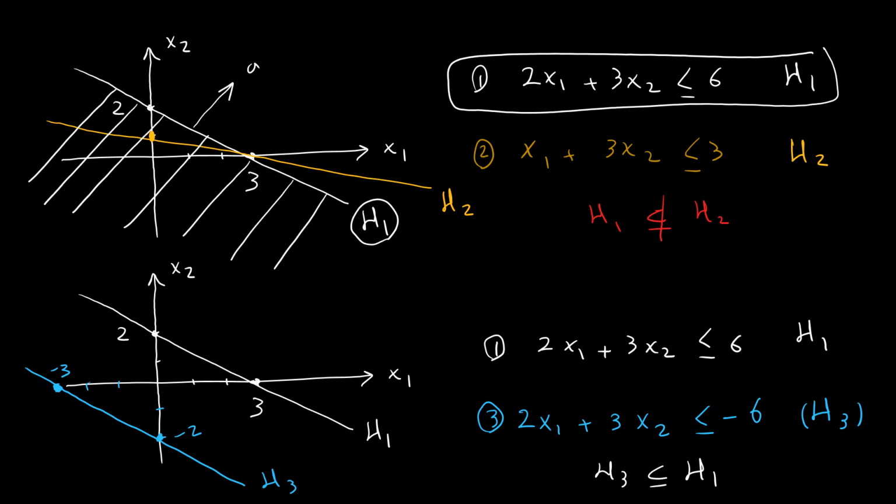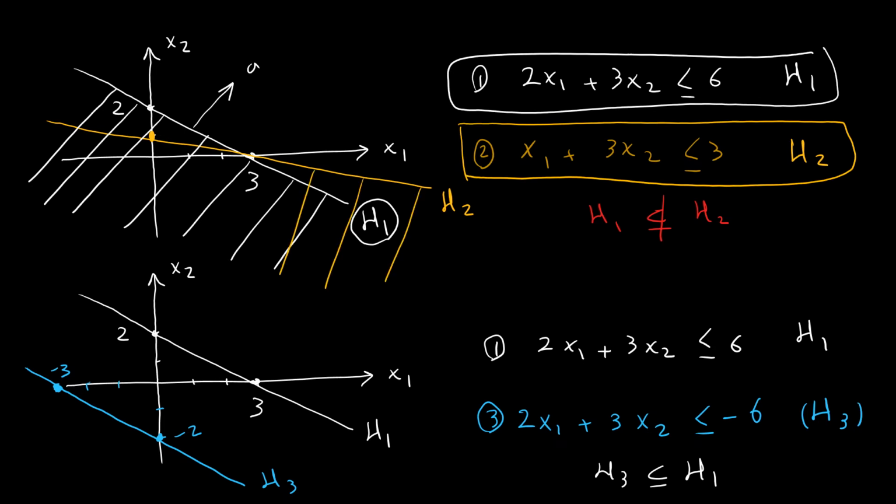Now I have another half space here, H2, and all the points here are in the second half space. You can easily see that there are points which are not in H2, but they are in H1. Therefore, H1 is not contained in H2, and H2 is also not contained in H1.